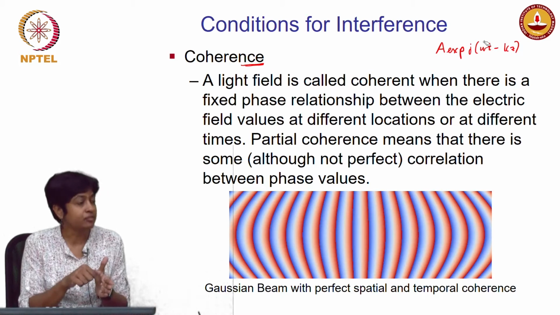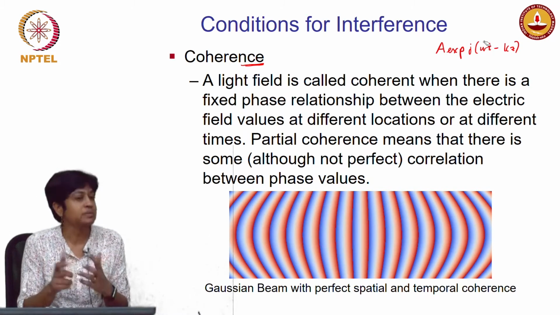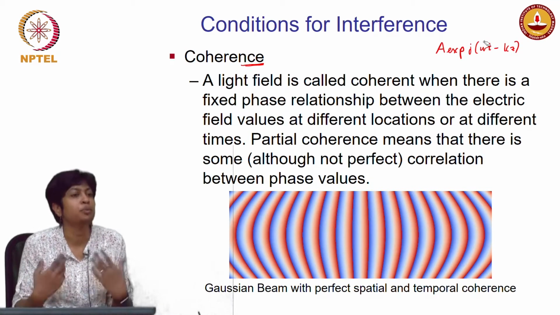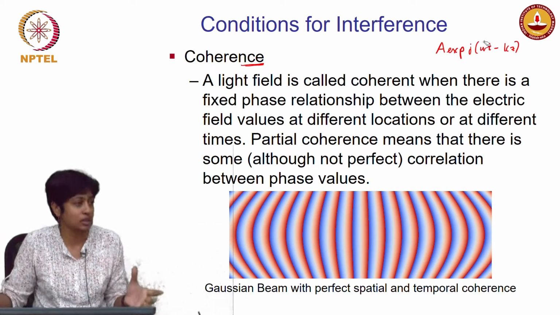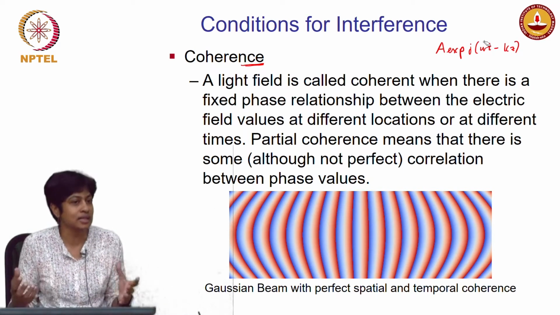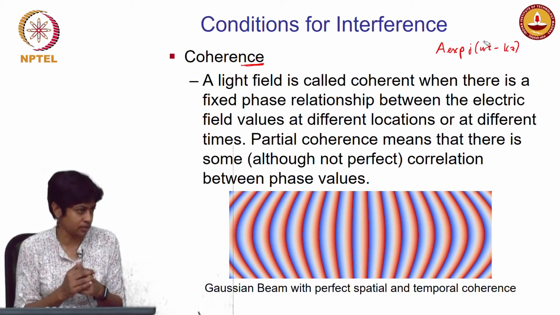Okay? If the correlation is lost very quickly, we will say that this light has poor coherence. If the correlation lasts for a long time over long distance, then we say that this has a strong coherence. So, you can have a degree of coherence.